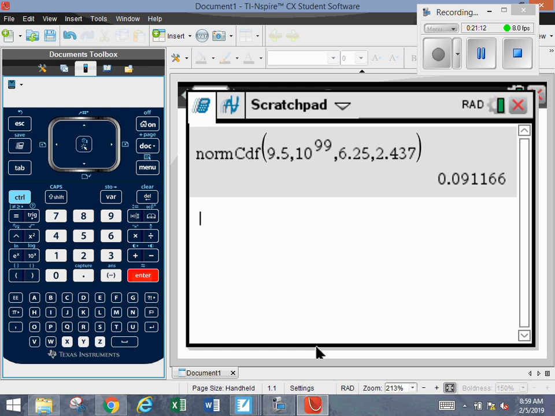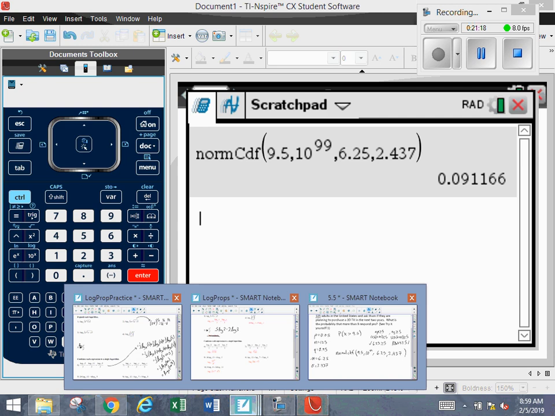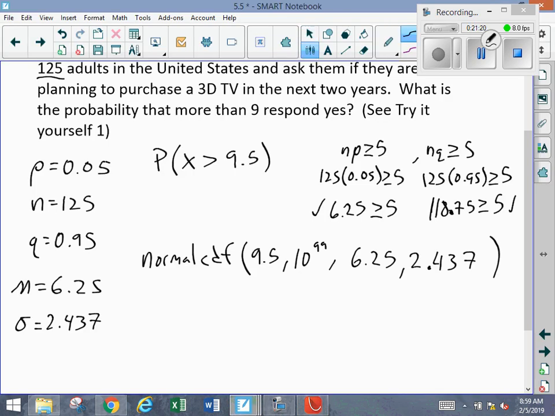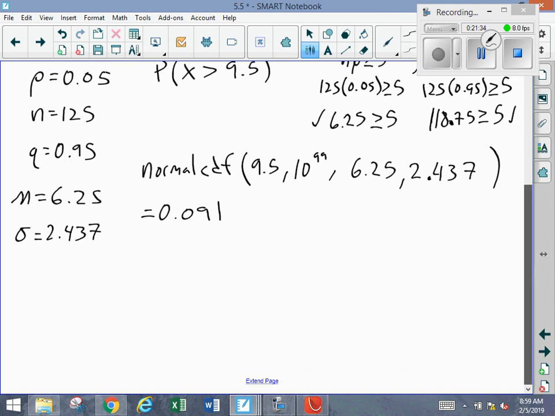We get a probability of approximately 0.091. So the probability that more than 9 respond yes is 0.091.